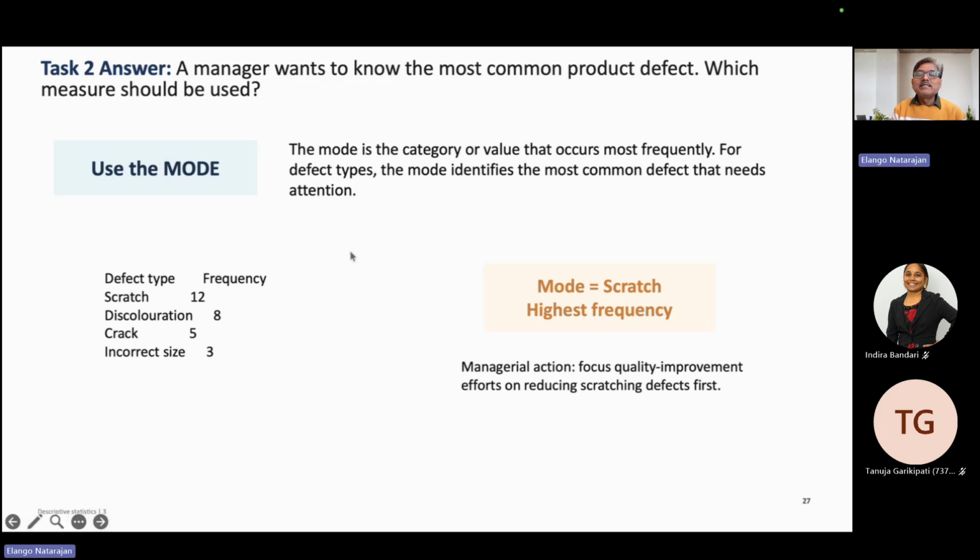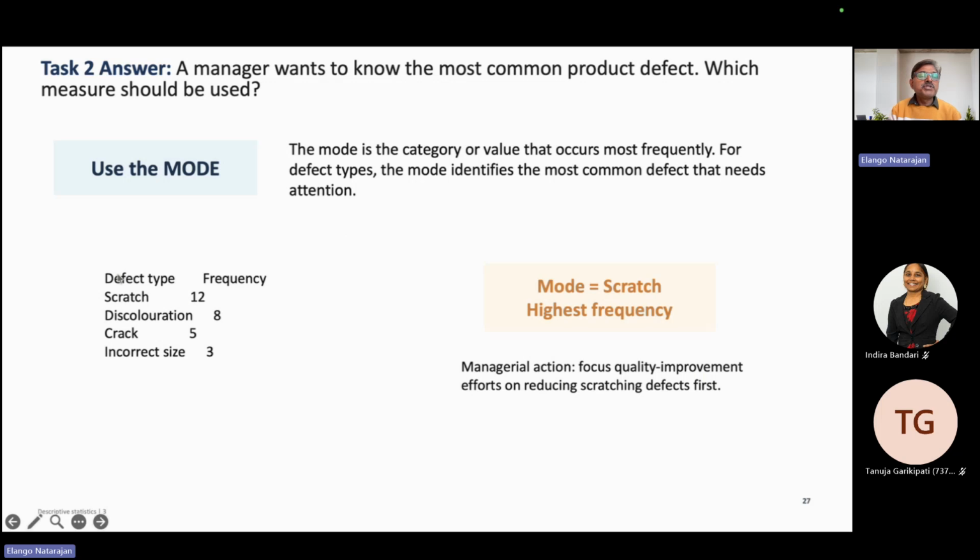This is a measure that you can include in your analysis, and you can write an interpretation or give a suggestion to your management, so that management can take control action against the most frequently appearing defect. The managerial action will be to focus quality improvement efforts on reducing scratching defects first.